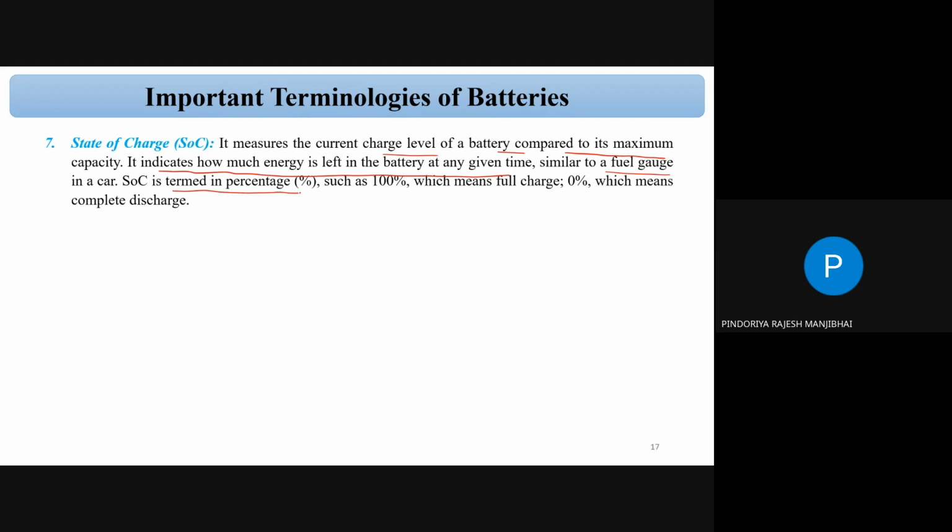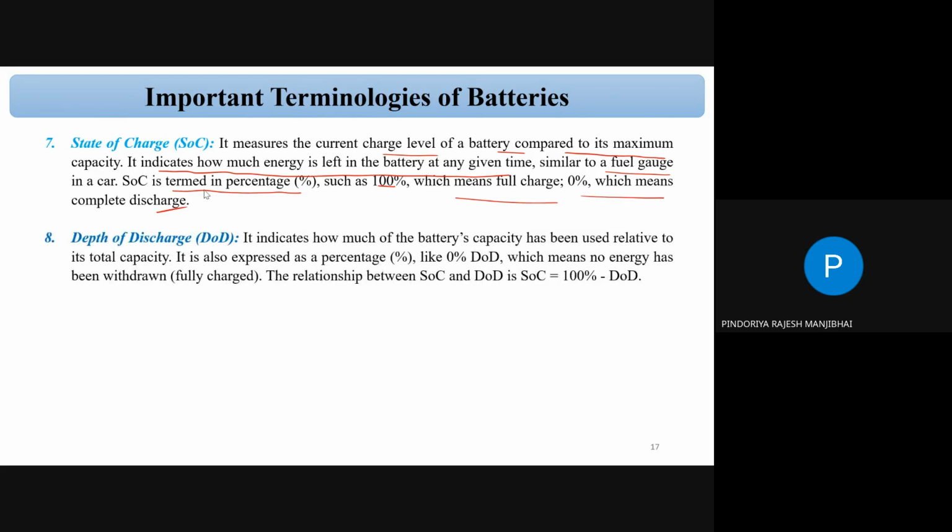SOC is expressed as a percentage. Normally we can say our mobile battery is 50% charged and 50% discharged, maybe 10% charged and 90% discharged, such as 100%, which means fully charged, and 0%, which means completely discharged. So that is the SOC.